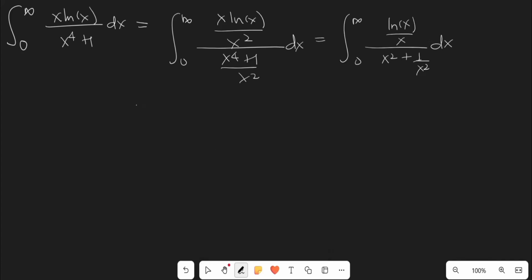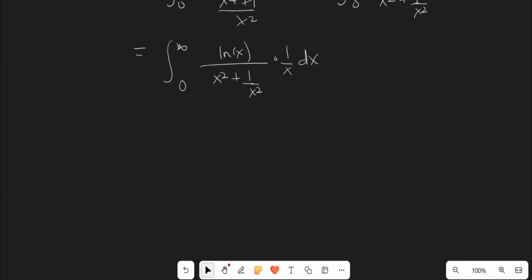So let's do some rearranging. That is natural log of x divided by x squared plus 1 over x squared, times 1 over x dx. So let's do a u-sub here now.